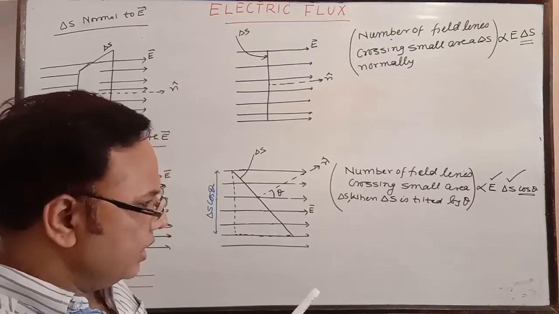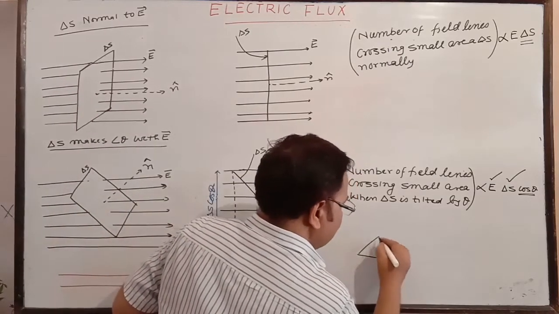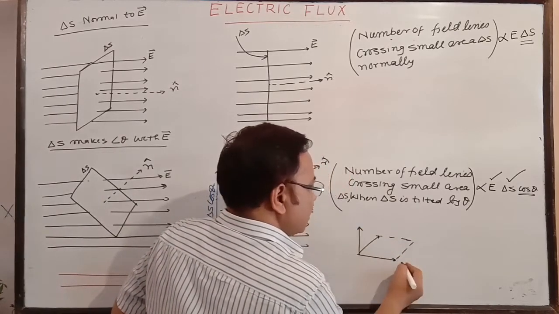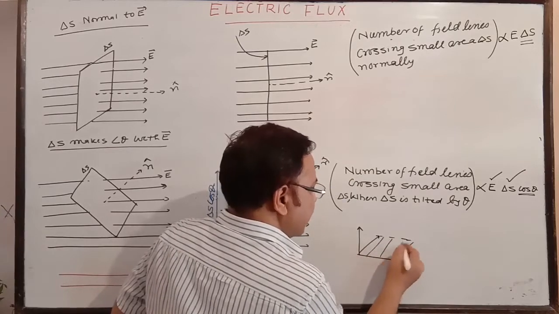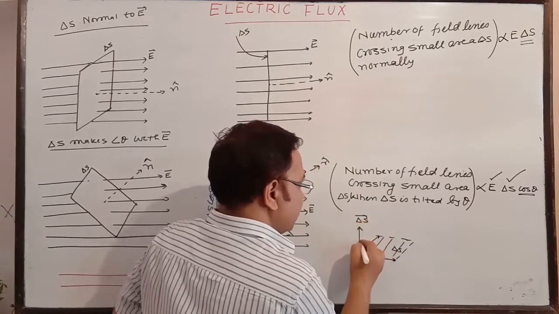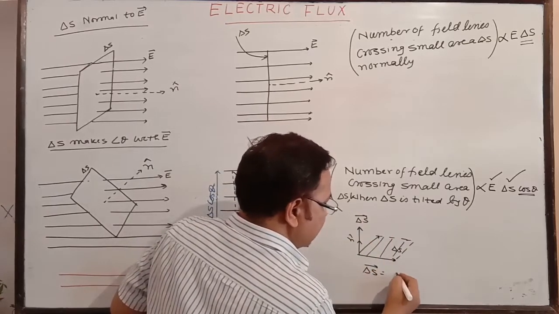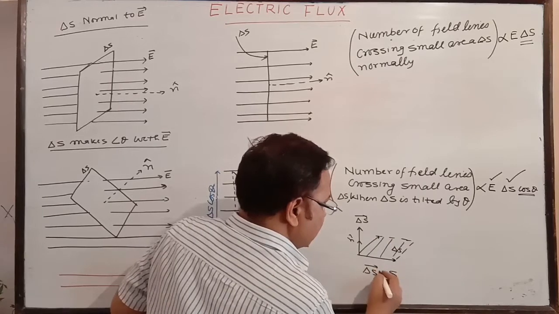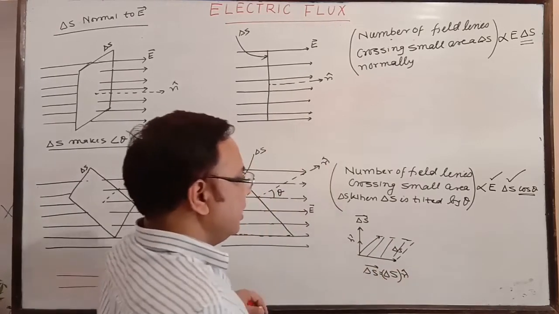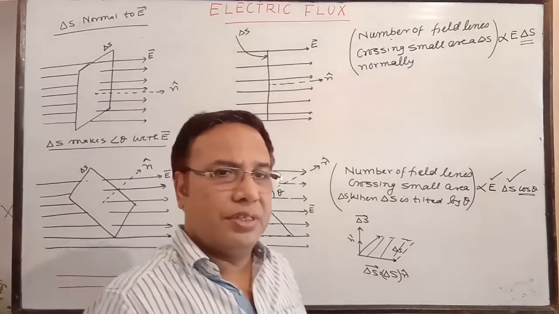What we have studied in class 11th, the cross product of two vectors, that the area is normal. Suppose this is the area, the magnitude of this is delta S, then the area vector is this, and you can write it as the magnitude delta S into the unit vector n. So this is the area vector when it is a plane. But what happens when it is curved?